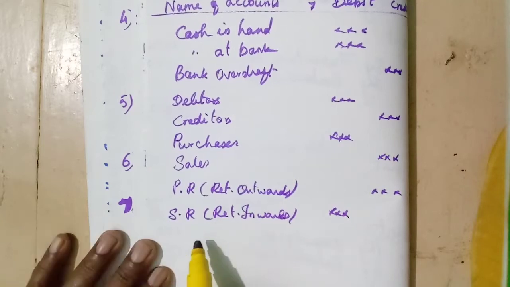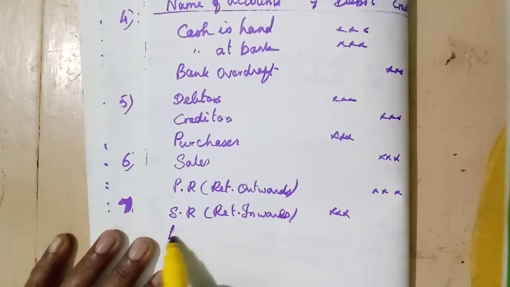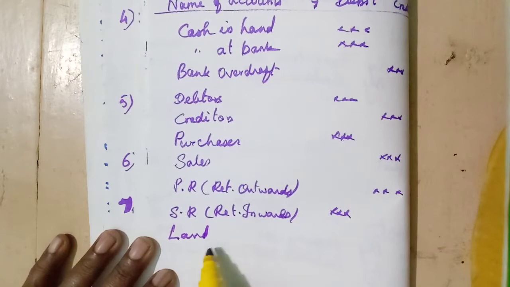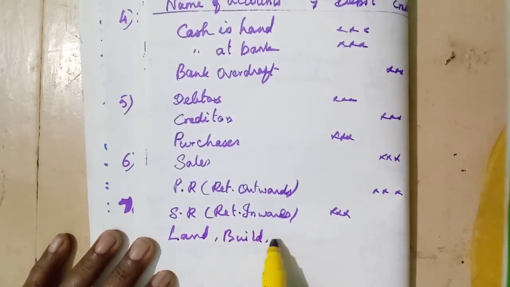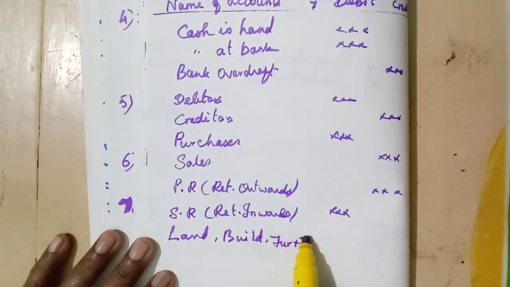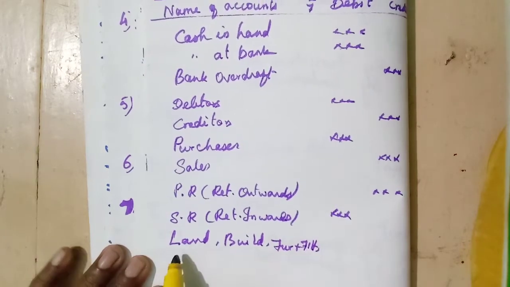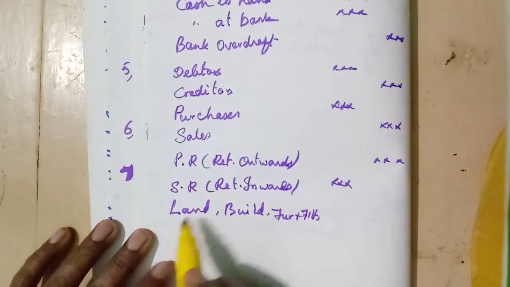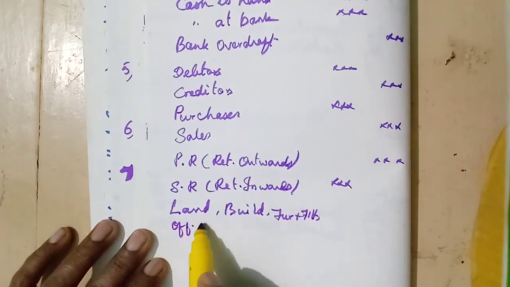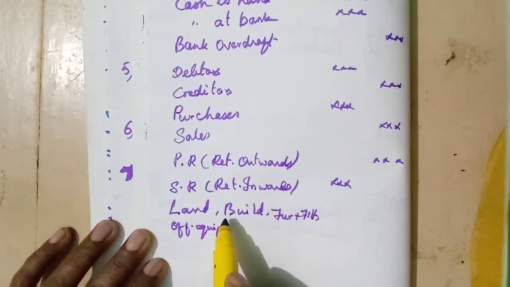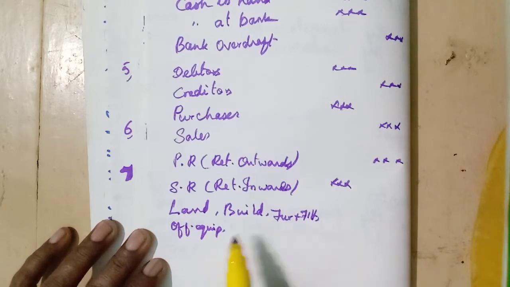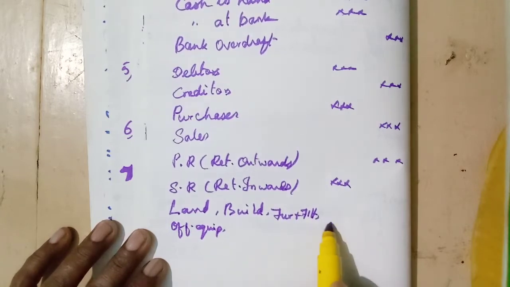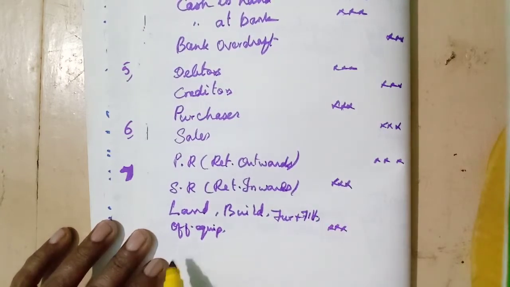Then the fixed assets: land, building, furniture, fittings, then office equipments, that means computer, fax machine, telex, whatever it is. All these show debit balance.